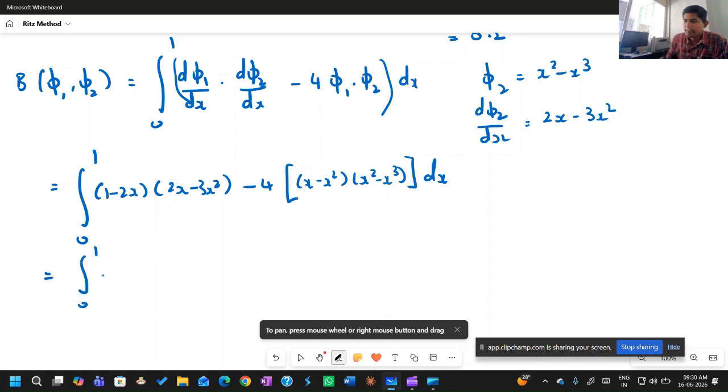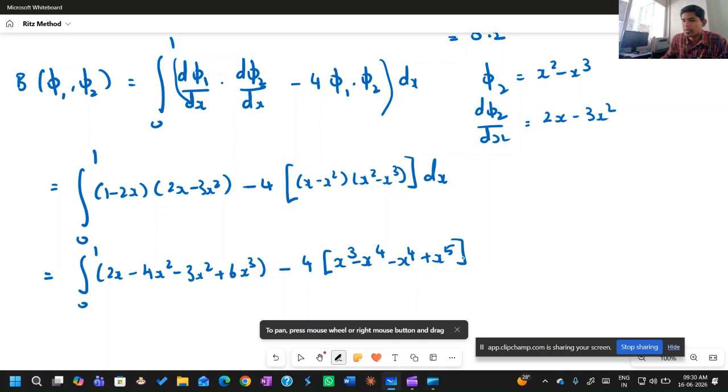Fine. So which is equal to 0 to 1, 2x minus 4x square minus 3x square plus 6x cube minus 4 into x cube minus x power 4 minus x power 4 plus x power 5 into dx.